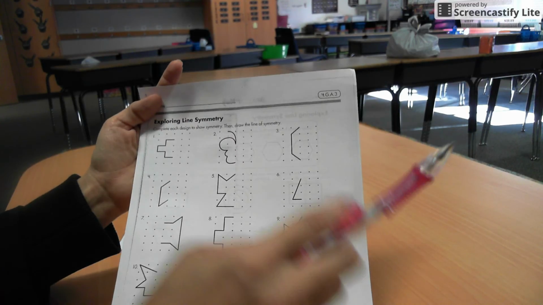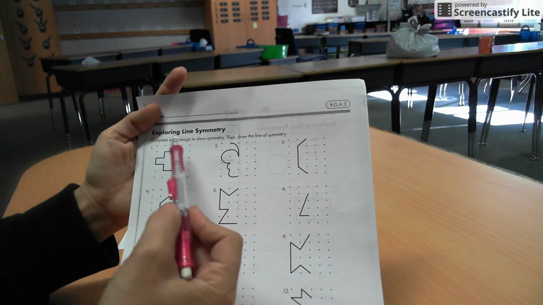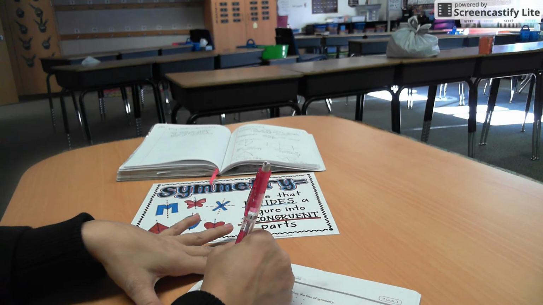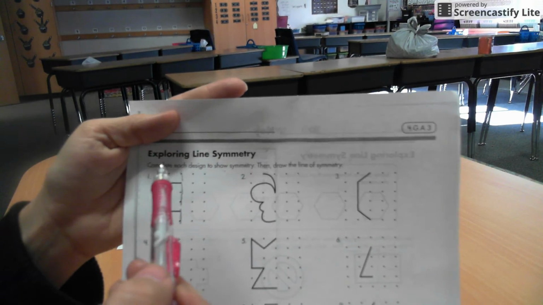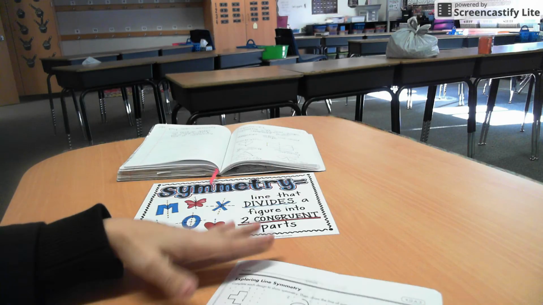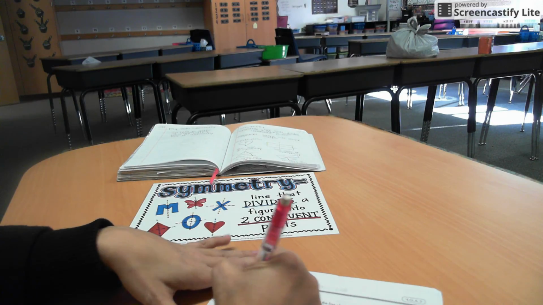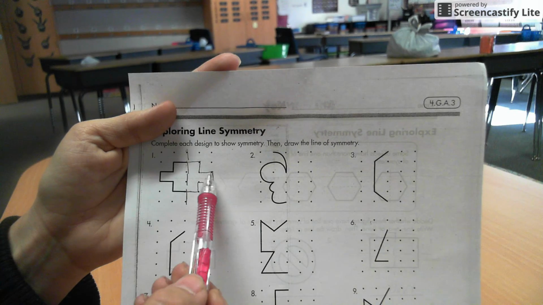Then on the back, you're going to complete each design showing symmetry and then draw the line. I'm going to go ahead and draw my line first, and if you want, you can. So I'm going to draw my line of symmetry right here. And then because I know it's going to look the exact same on the opposite side, I'm just going to complete the exact same on the opposite side.